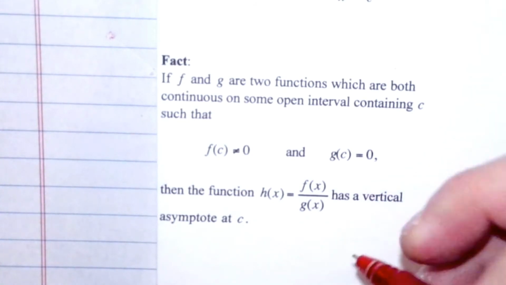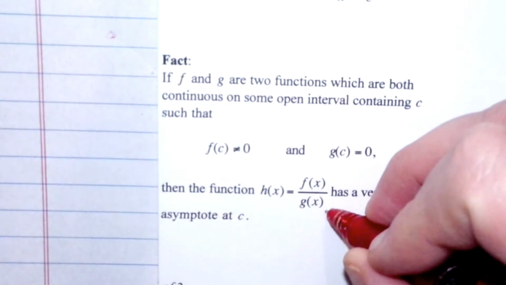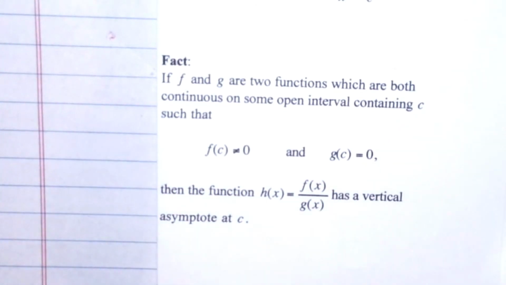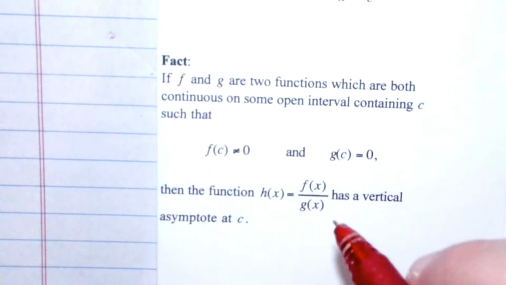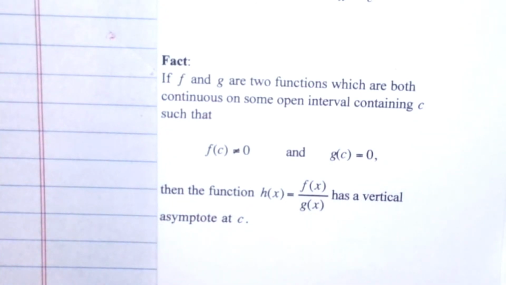So what this is saying is that if there's a value of x that makes the denominator 0 but makes the numerator non-zero, and again dealing with two functions that are continuous near that value of x, you're going to have a vertical asymptote.